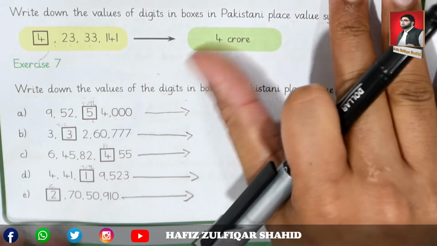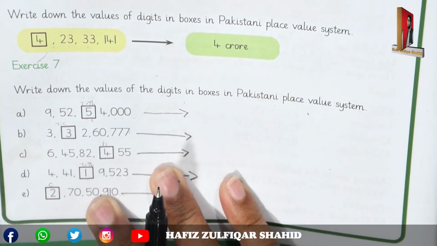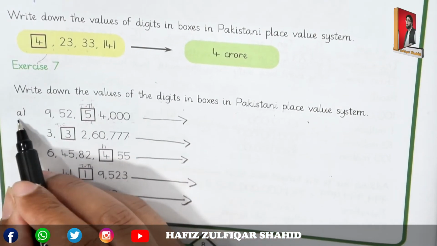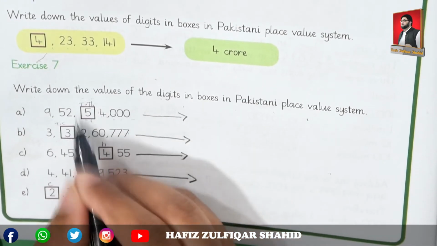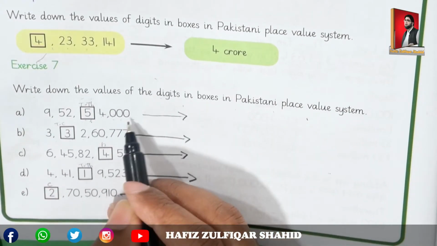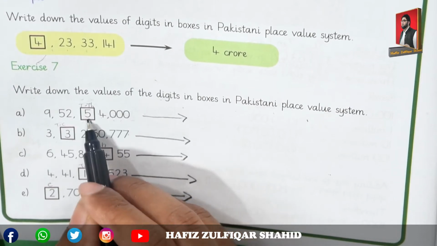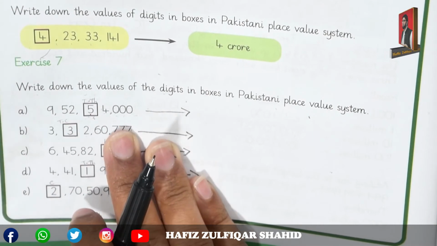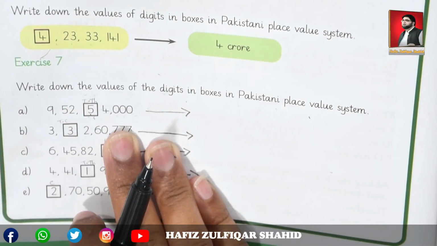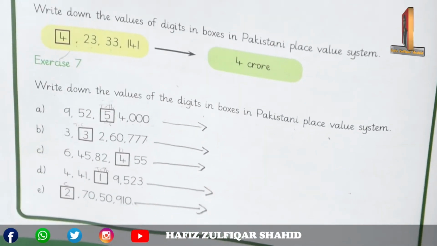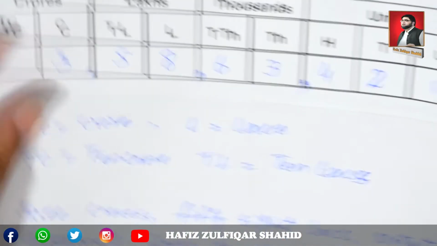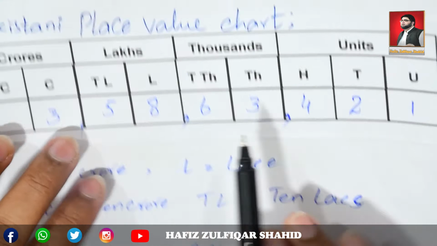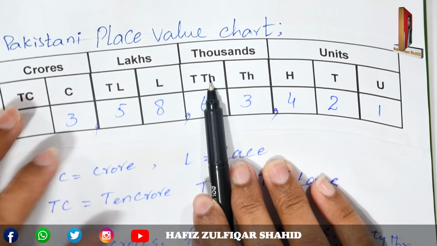As you understand the table first, according to this we will write the place value against each. In the A part we have digit 5, which is on the 5th place, and according to the Pakistani place value system, at the 5th place, see in the Pakistani place value chart, the 5th digit stands for 10,000.